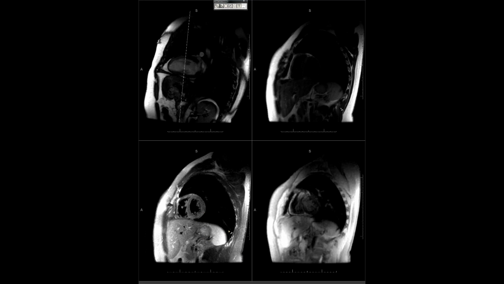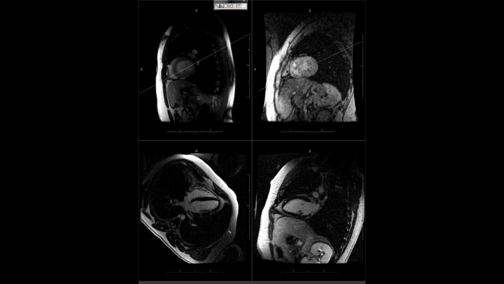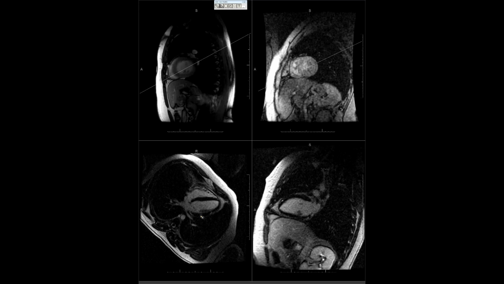Then we did post-contrast delayed imaging, and it showed some mid-myocardial enhancement. We didn't see any pericardial effusion, pleural effusion, or any other secondary signs of myocarditis.